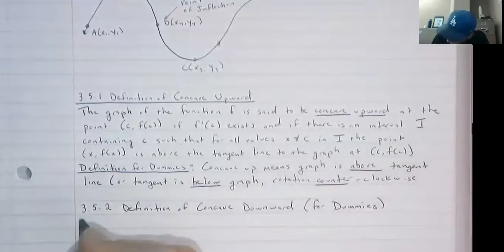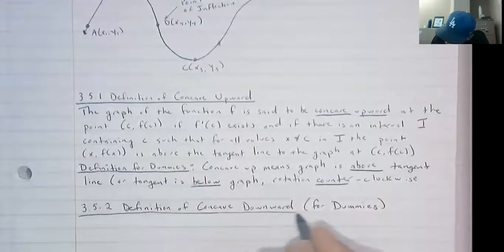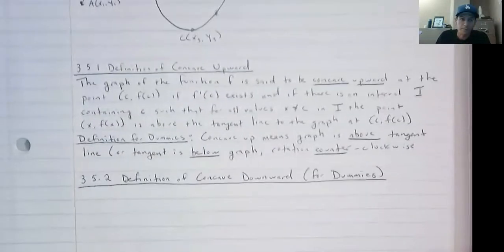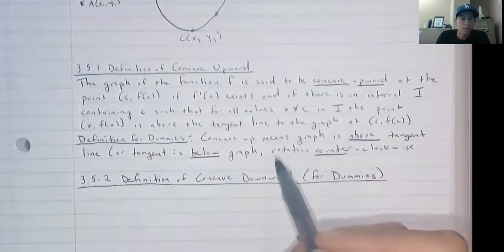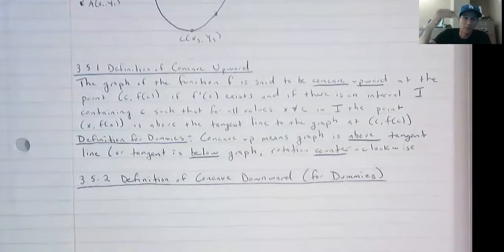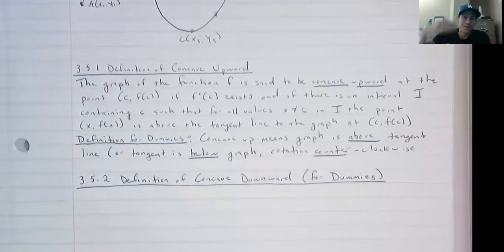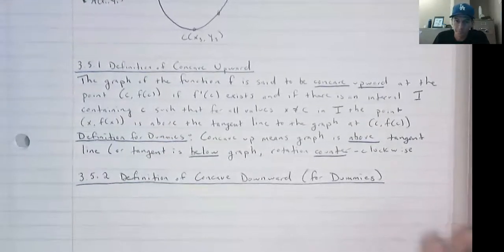We're going to skip the math speak one. And it's just the reverse of this. If we're concave down, it means that your points are below the tangent, or conversely, that your tangent line is above the curve. Okay, cool.